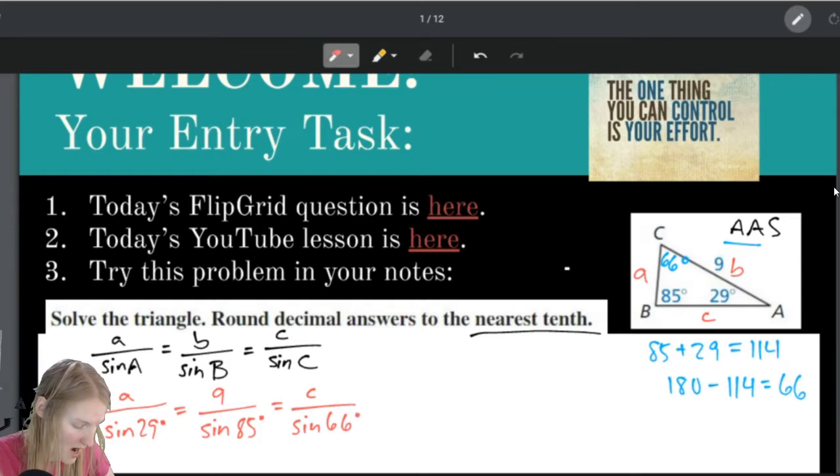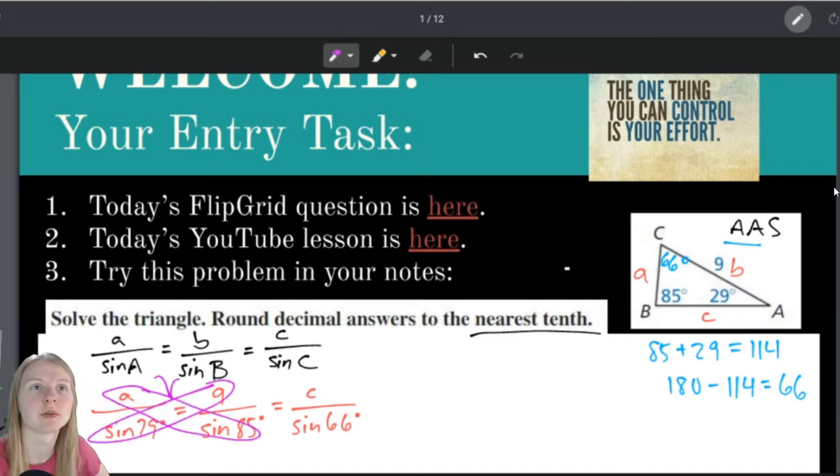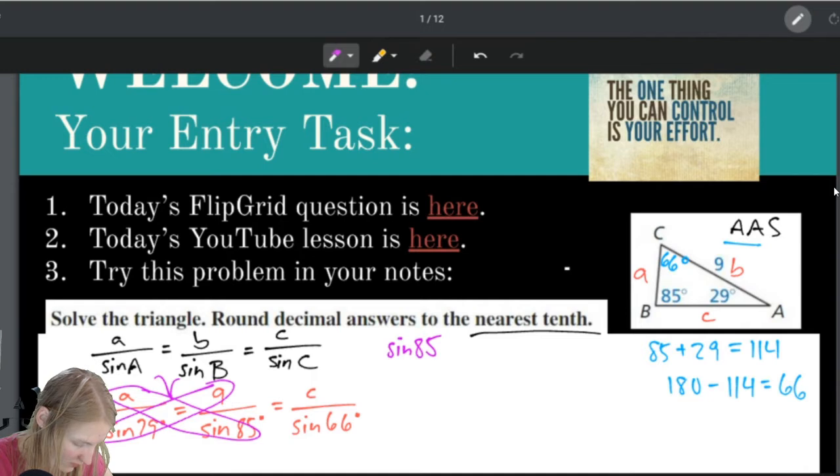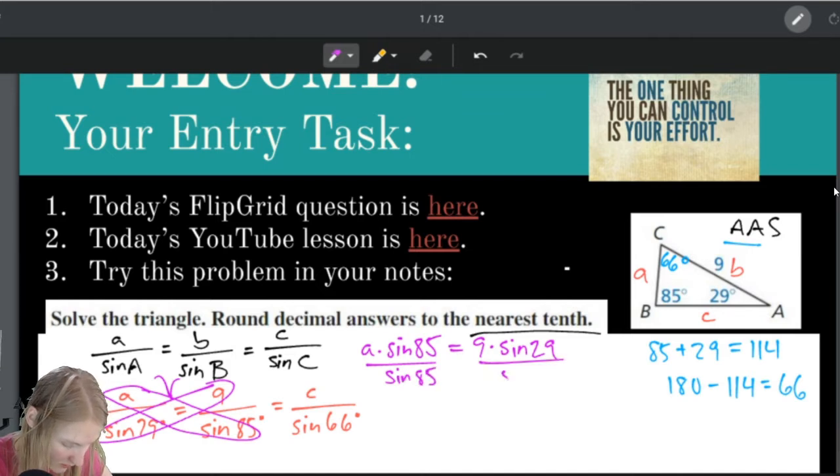Wonderful. Now, different color. It's not too bad to figure out what side a is, because all I have to do is cross multiply. Make our butterflies, and we have sine of 85 times a is equal to 9 times the sine of 29 degrees. Divide by sine of 85 here.